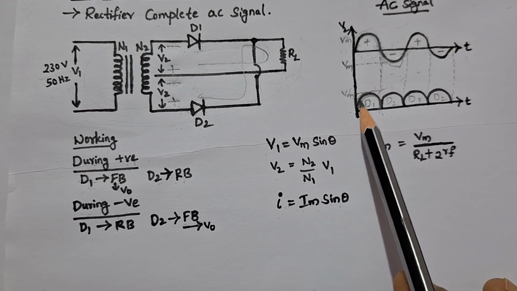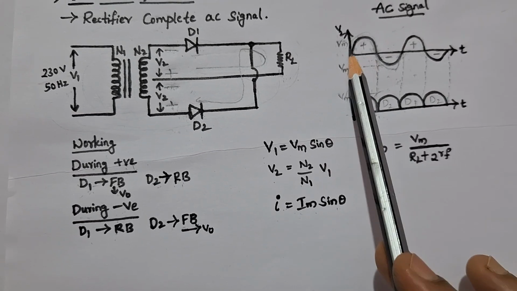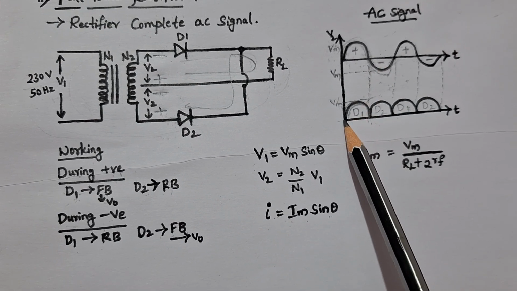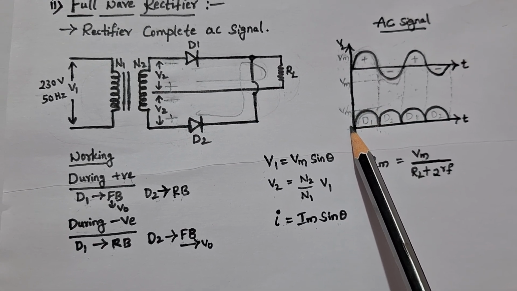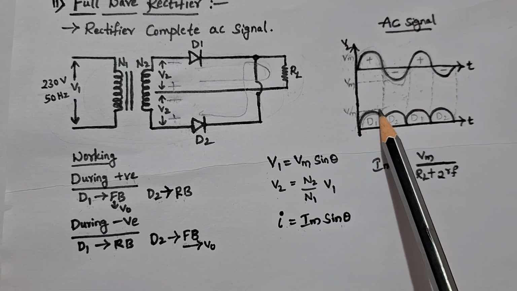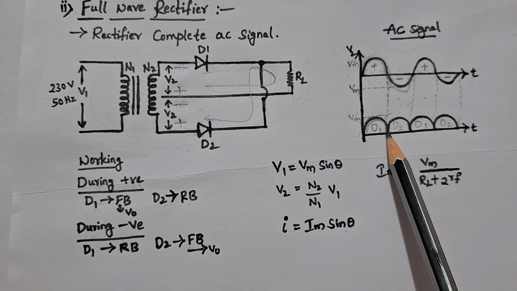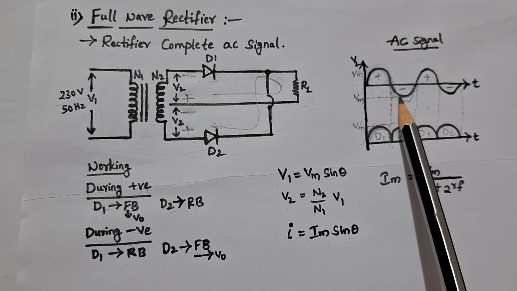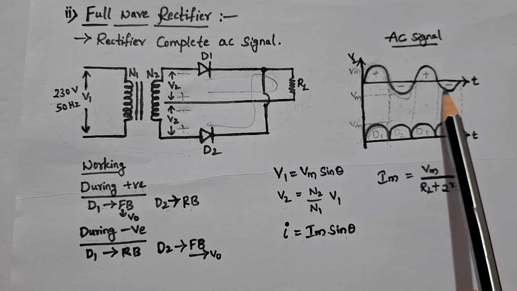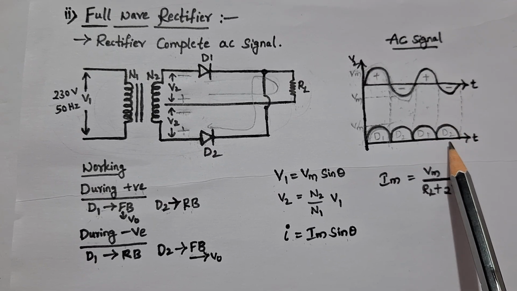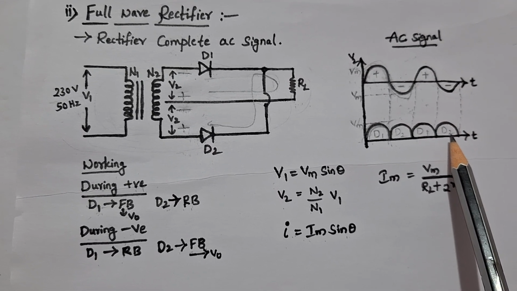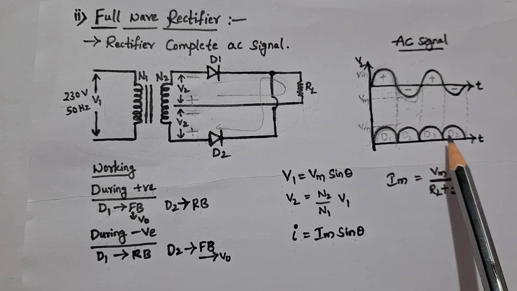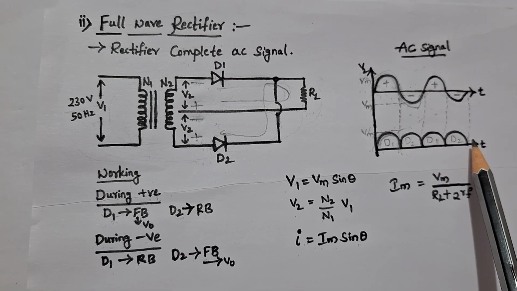See here, in the positive half of the input cycle D1 is forward bias and D2 is reverse bias, and in the negative half of the input cycle D2 is forward bias and D1 is reverse bias, and it will continue the same.